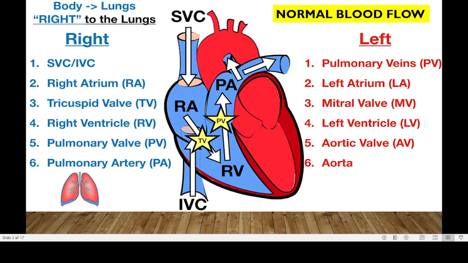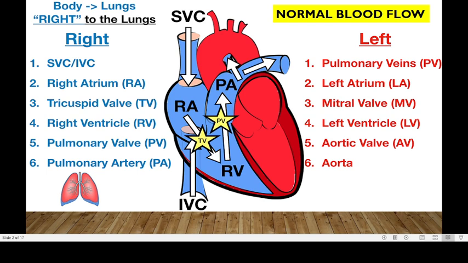The tricuspid valve's sole responsibility is to prevent the backflow of blood into the atria when the ventricle contracts. When the right ventricle contracts, it pumps this deoxygenated blood through the pulmonary valve into the pulmonary artery.